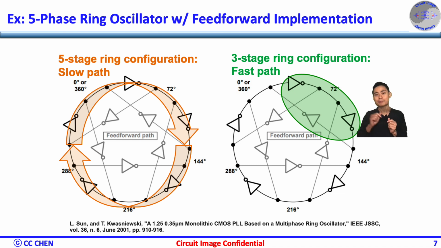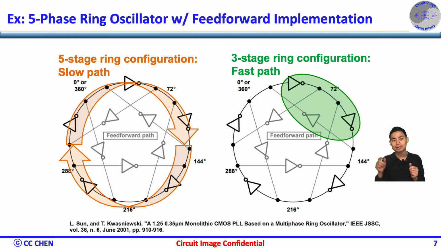Therefore, the oscillation frequency is weighted by the 5-stage ring and 3-stage ring configuration, which also means the oscillation phases were interpreted through the dual path inverters. The oscillation speed should be bounded between the 5-stage and 3-stage ring oscillator, but the output phases can be up to 5.